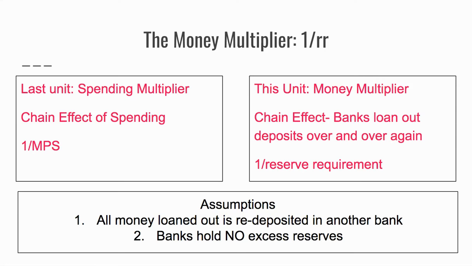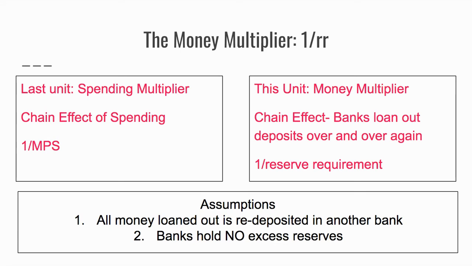As for the second assumption, banks do sometimes hold on to excess reserves because maybe they want to be profitable. So I want you to think for a second. If we assume that 1 and 2 are true, would the money multiplier overstate or understate the amount of money that's created when loans are made?